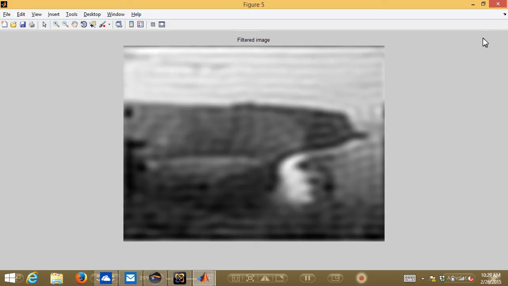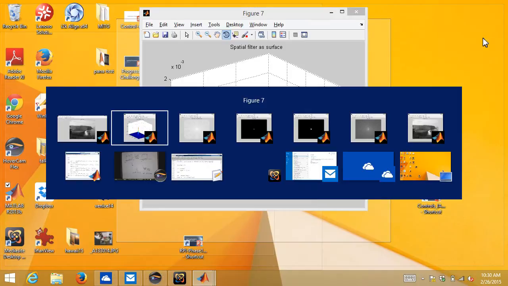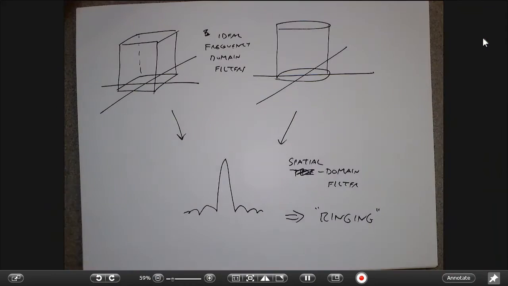And unfortunately, they're endemic to filtering with a hard edge, okay? On the other hand, life is good if we have a smoother edge in both the frequency domain and the time domain, right? So what we'd like to do is remove this ringing. Let me just make a note here.